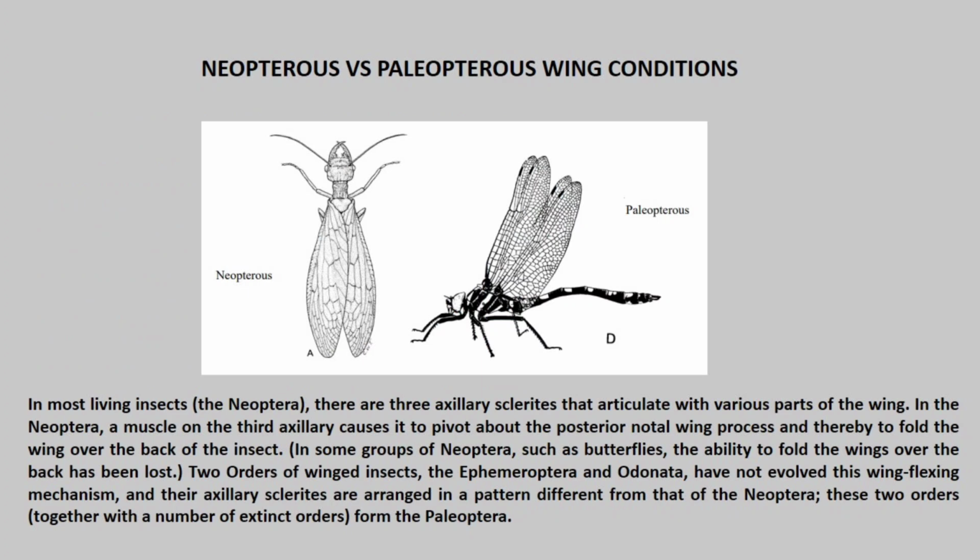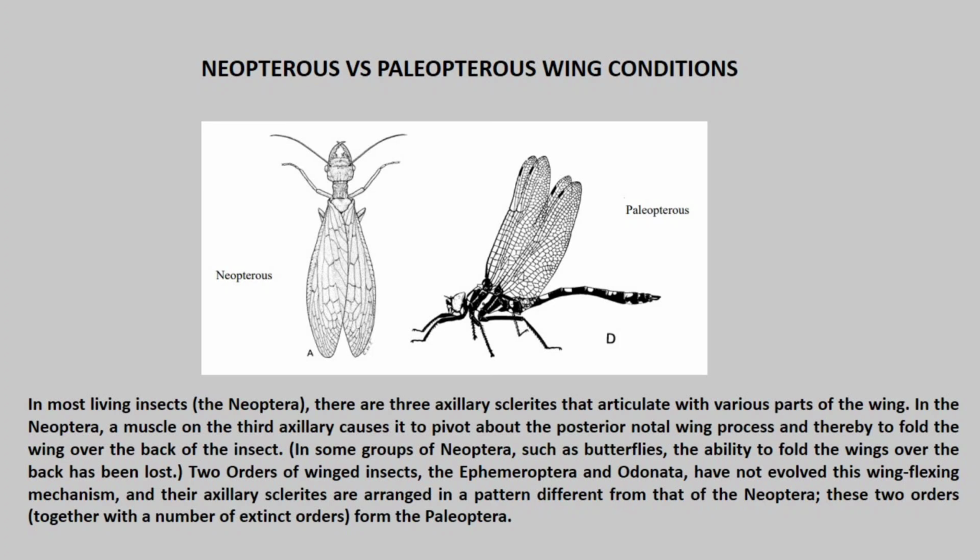Neopterous versus Paleopterous wing conditions. In most living insects, the Neoptera, there are 3 axillary sclerites that articulate with various parts of the wing. In the Neoptera, a muscle on the 3rd axillary causes it to pivot about the posterior notal wing process and thereby to fold the wing over the back of the insect.